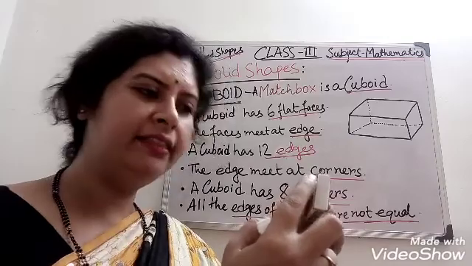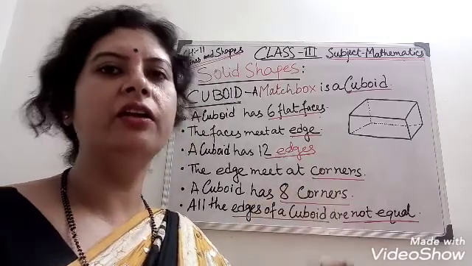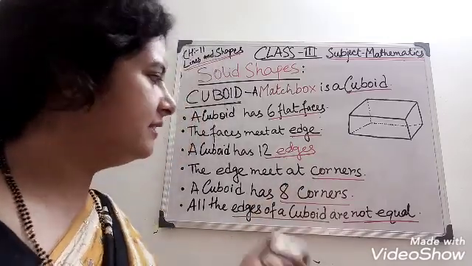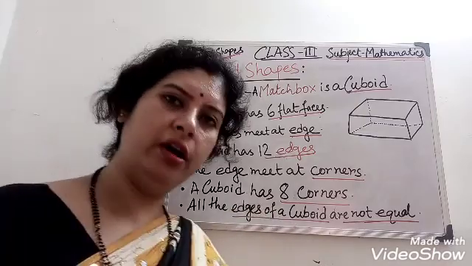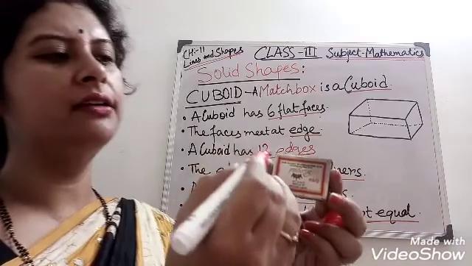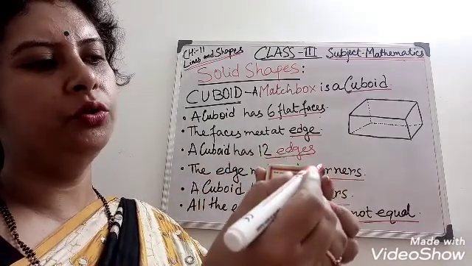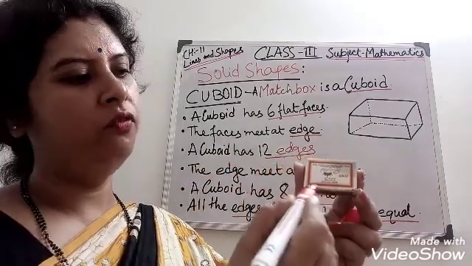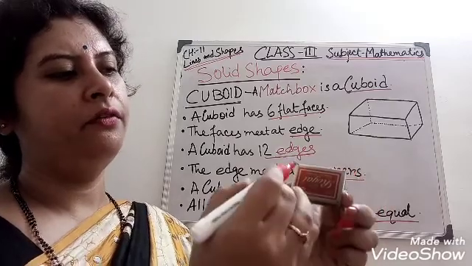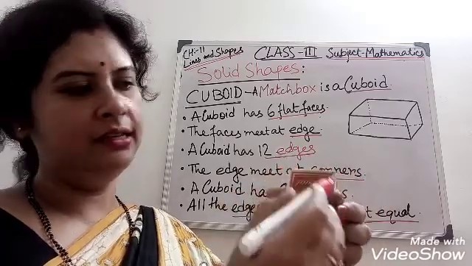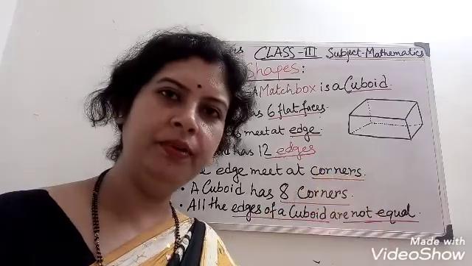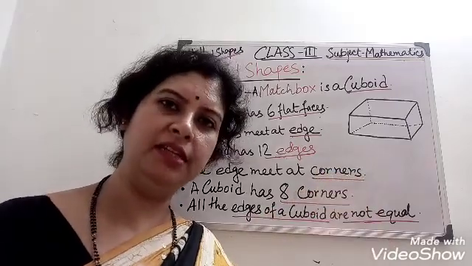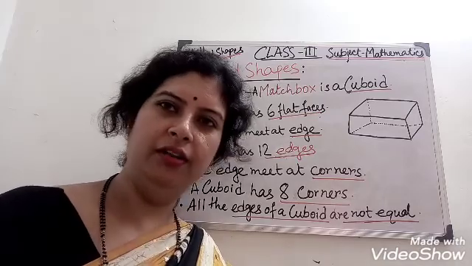Clear children? Those 12 edges are not equal. And same as a cube, a cuboid also has 8 corners. Now count these corners. 1, 2, 3, 4, 5, 6, 7, 8. Hope this cuboid concept is clear to you all.